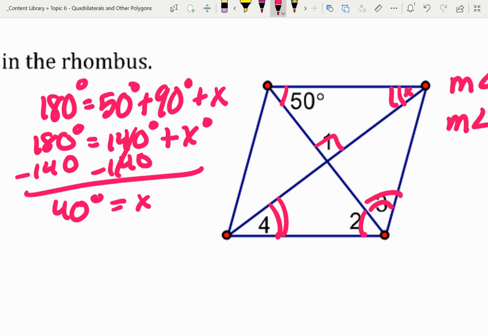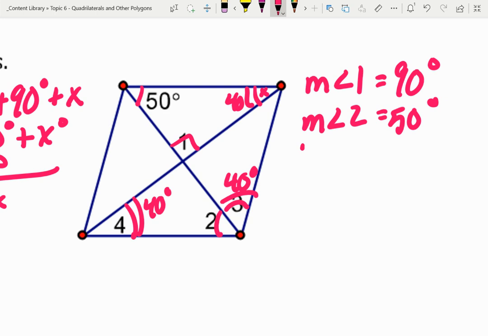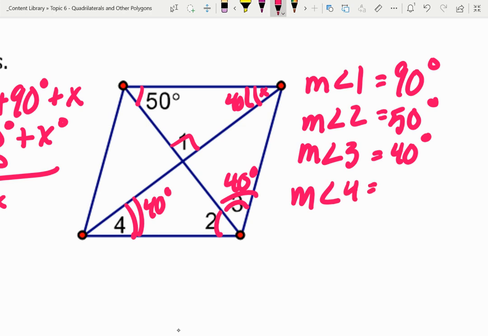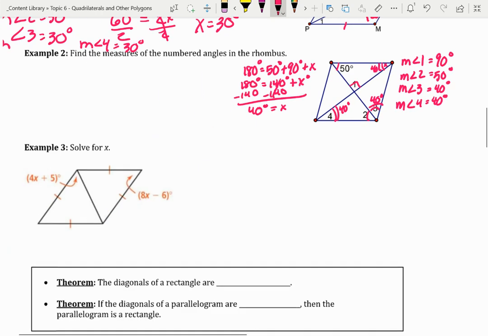So if this is 40, that means that angle 3 is 40 and angle 4 is 40. So the measure of angle 3 is 40 degrees, and the measure of angle 4 is 40 degrees as well.